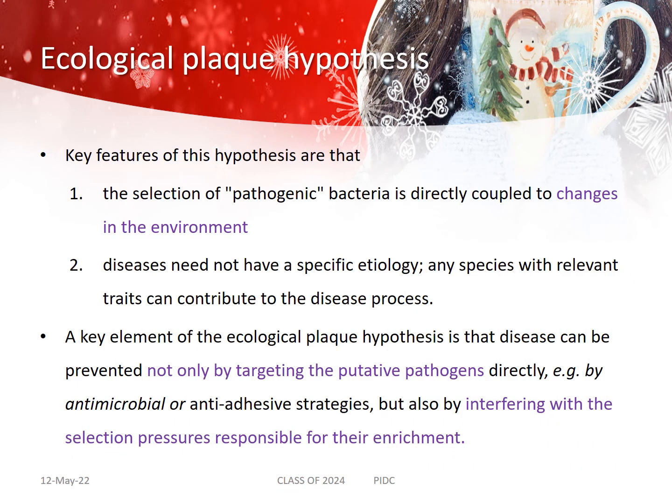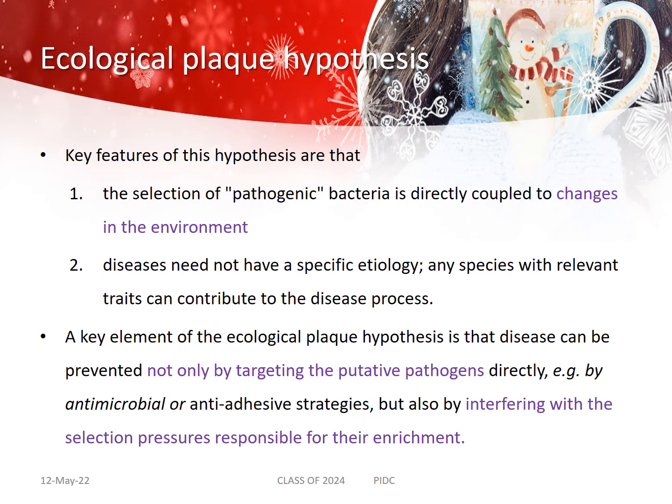There were lots of confusions regarding the non-specific plaque hypothesis and the specific plaque hypothesis, so the ecological plaque hypothesis was taken into play next. The key feature is that the selection of pathogenic microorganisms is directly coupled to changes in the environment. Diseases need not have a specific etiology, and any species with relevant traits can contribute to the disease process.